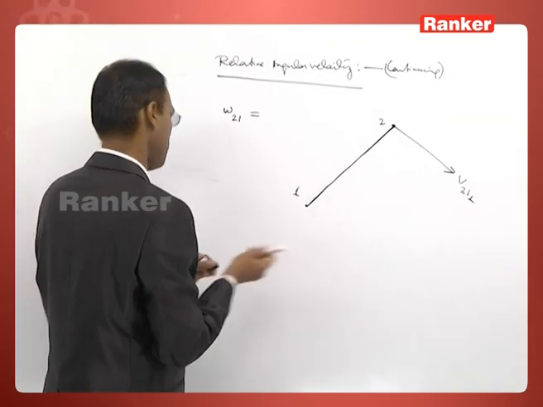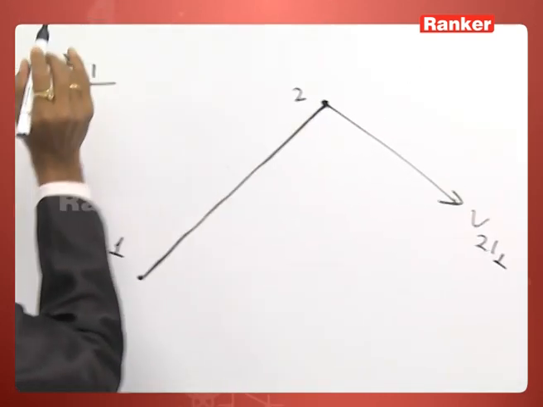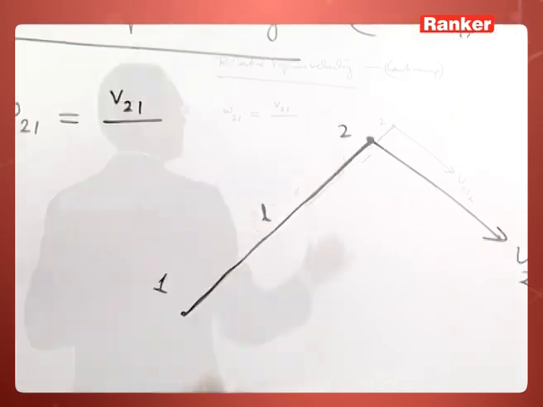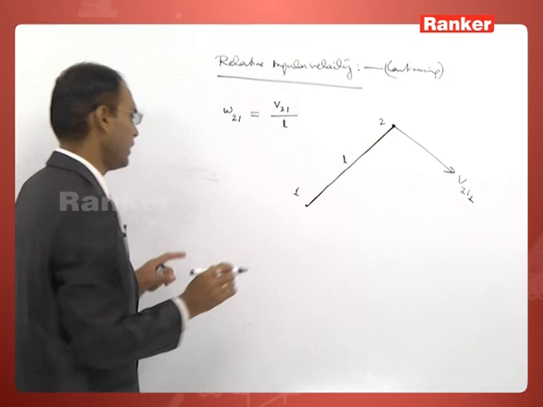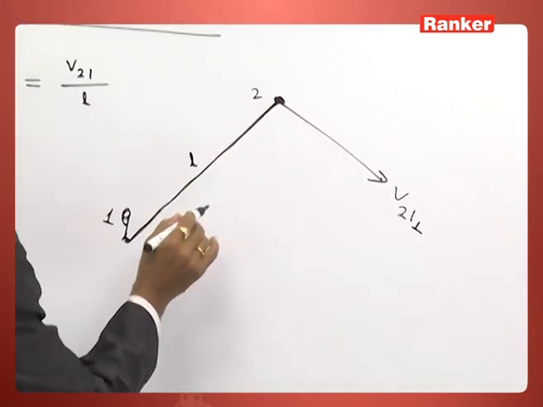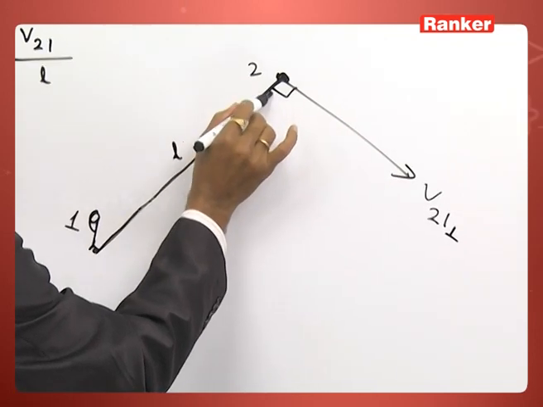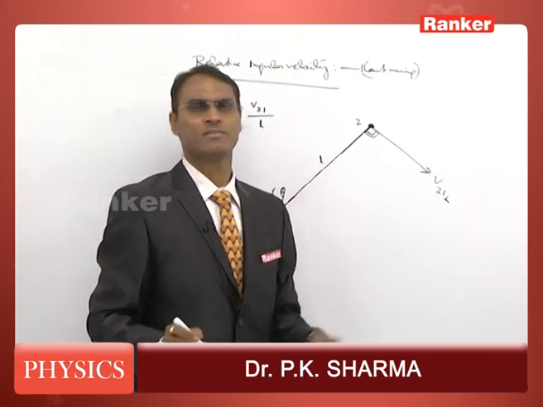That is V21. The distance of separation when you stand on this particle 1, this particle seems to move with the velocity V21 in this direction.